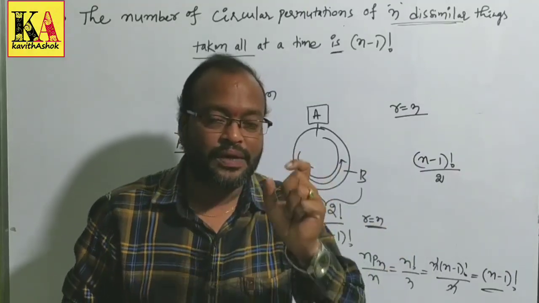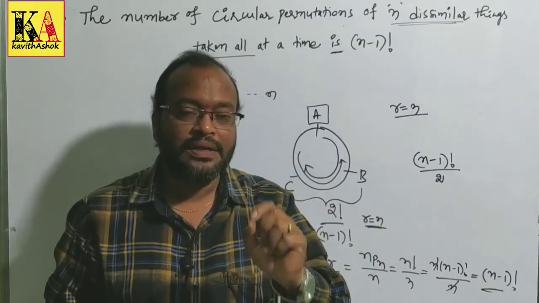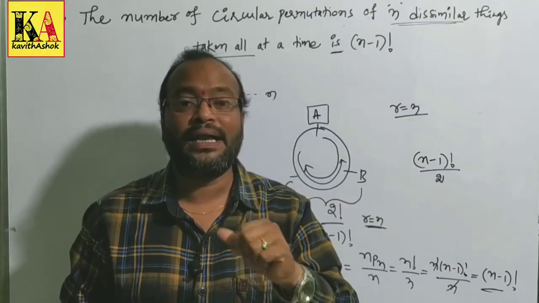So in exams, when we are reading a question, if circular permutation is there, it is n minus 1 factorial.